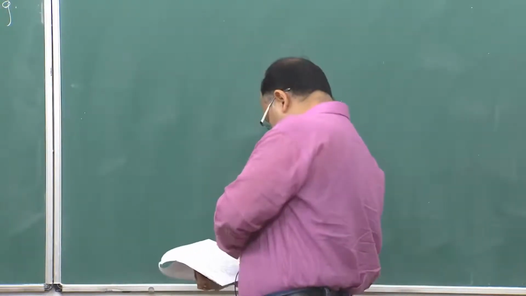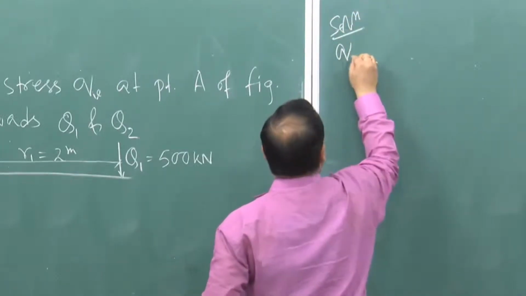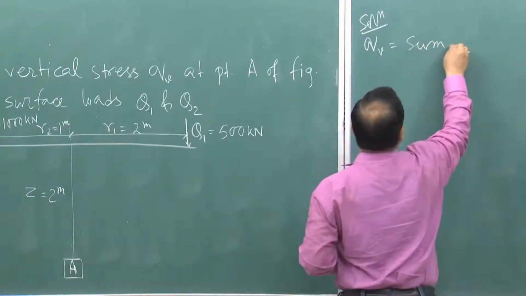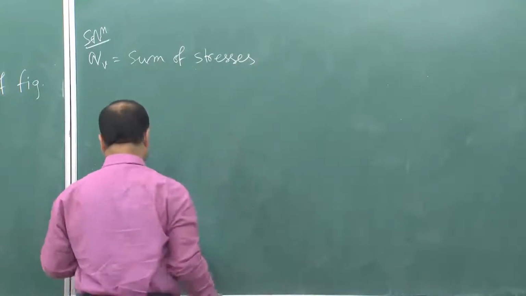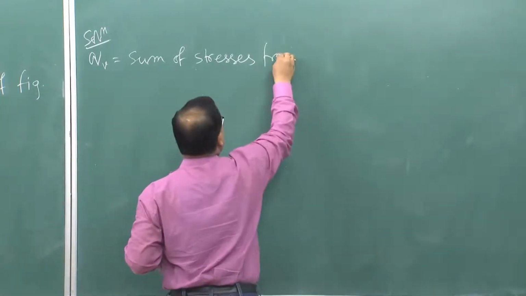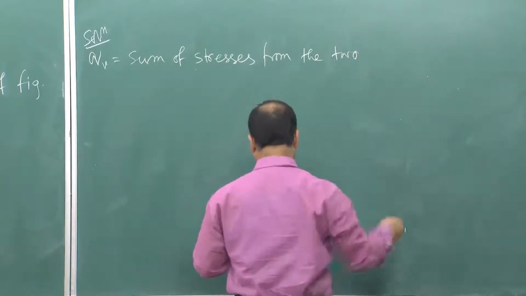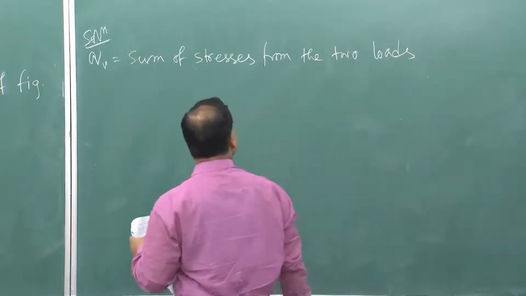Okay. So, solution: QV is equal to the sum of stresses from the two loads. Okay.